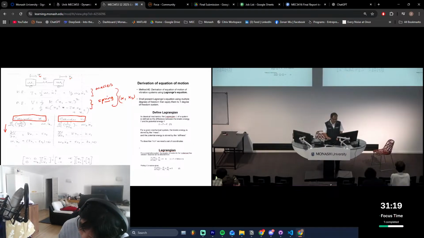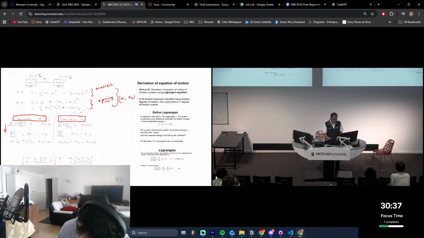This is a half k (x2 squared minus 2 x1 x2 plus x1 squared). So for x1, half k (2x1 minus 2x2). So for x2, half k (2x2 minus 2x1).